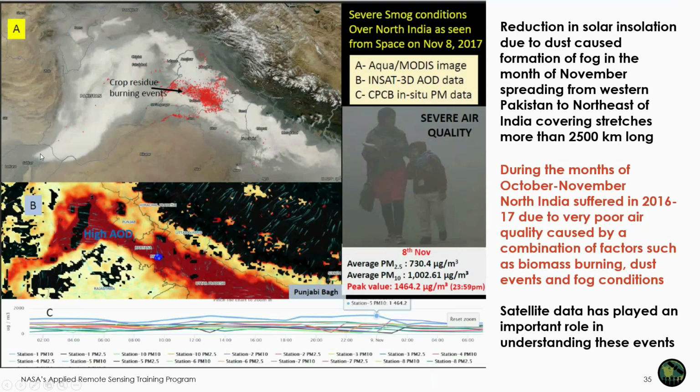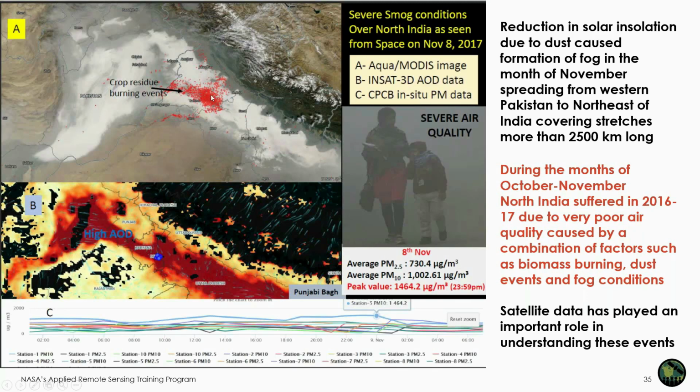So you can see a large scale fog generation has happened, starting from the Balochistan region of Pakistan, covering entire Pakistan and the entire northern Indian region. This distance is more than 3,000 kilometers.